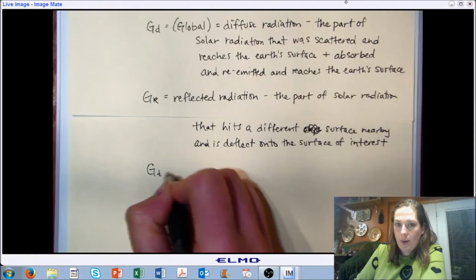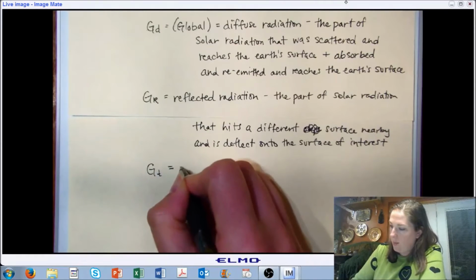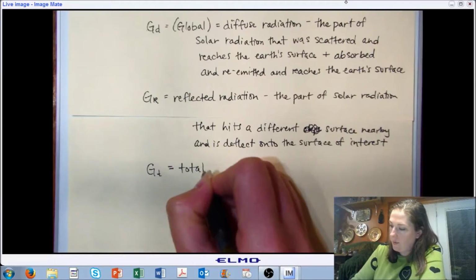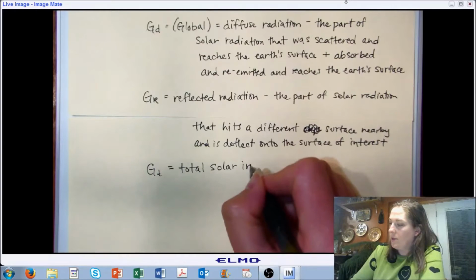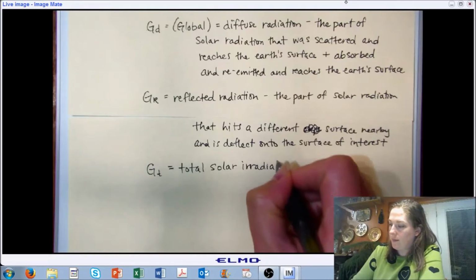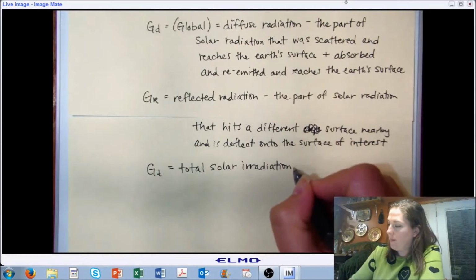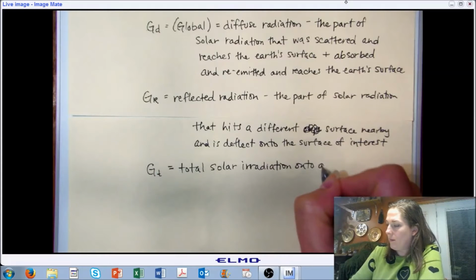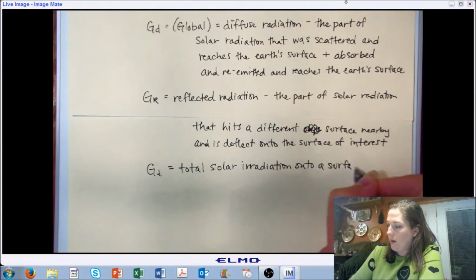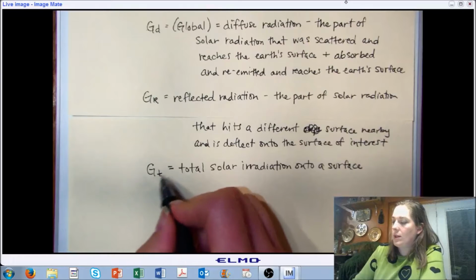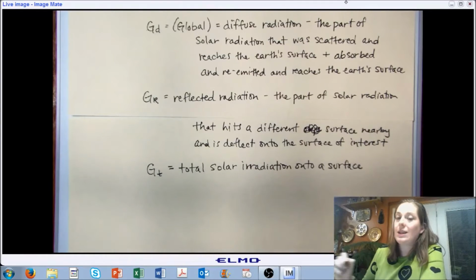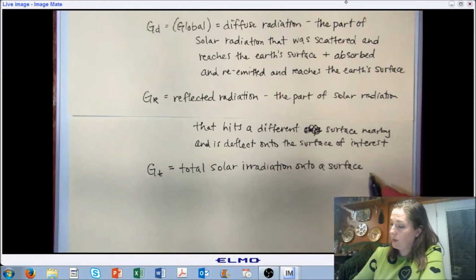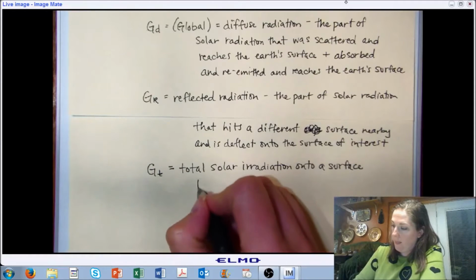And then if we combine all the components, we get what is referred to as the total solar irradiation onto a surface. This capital G sub small t is specifically the total solar irradiation onto a surface if it were normal to the sun's rays.